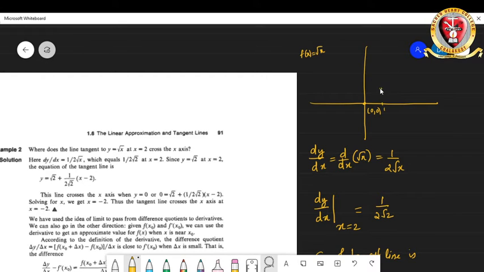When we take 1, that will be 1. Also minus 1. Then if you take 2, the answer will be 2 comma plus or minus root 2.